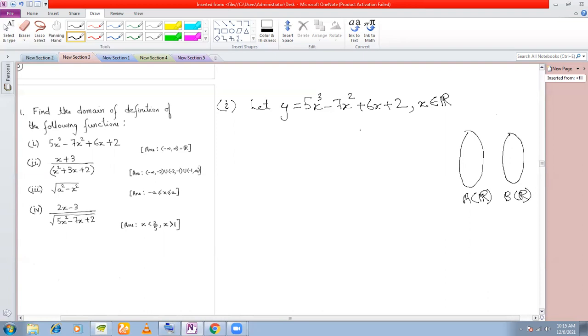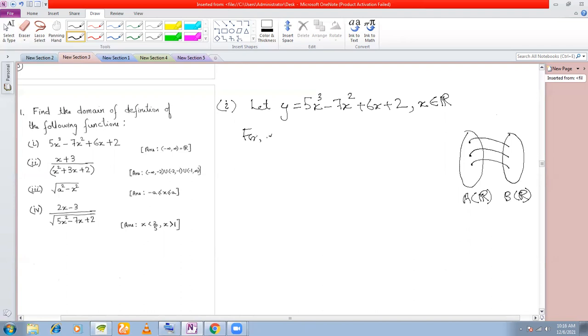Now for this expression, does each element of A have a unique image? Does every real value give you a real value? Yes, isn't it? Whatever value of x that you put, you will get a definite real value, right?